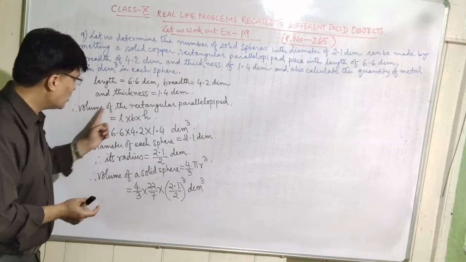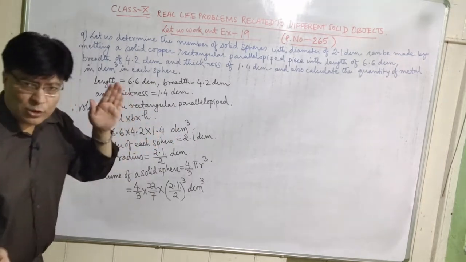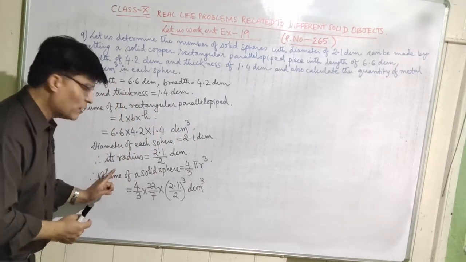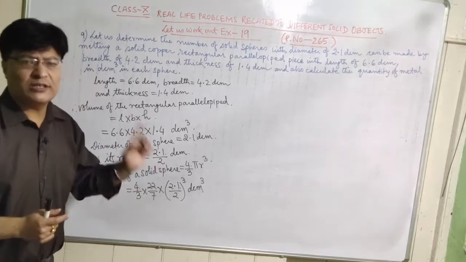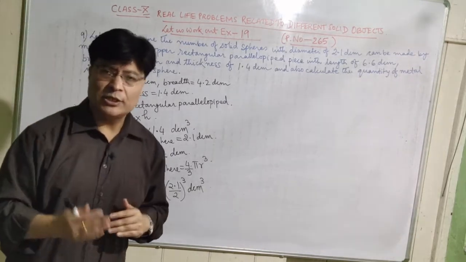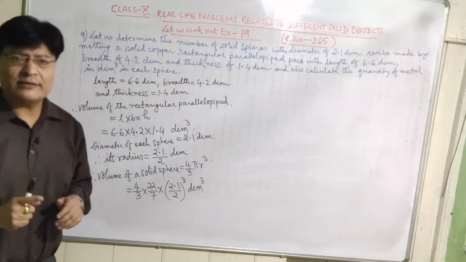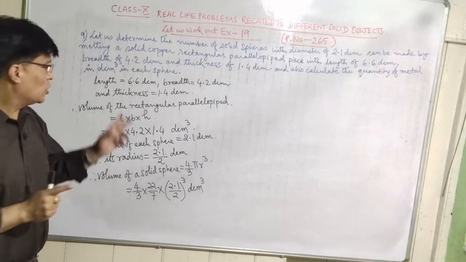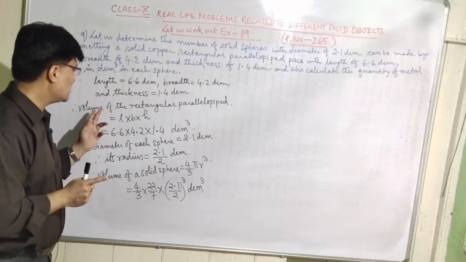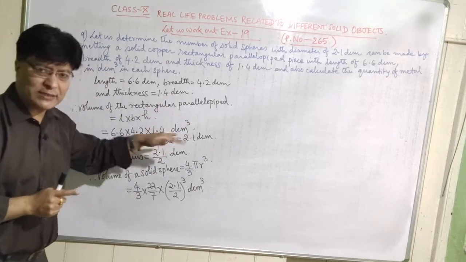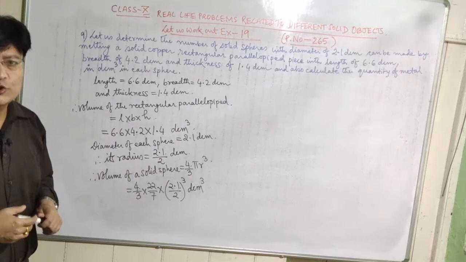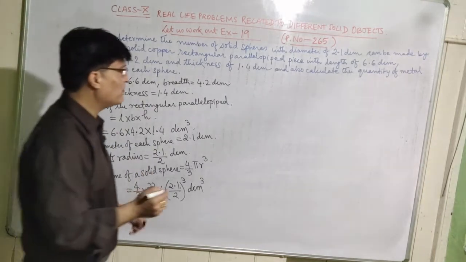So the volume of the rectangular parallelepiped should be divided by volume of each solid sphere so that you can get the number of solid spheres. So in order to get the number of solid spheres, you have to divide this volume of the rectangular parallelepiped by the volume of each solid sphere. So let us divide it.